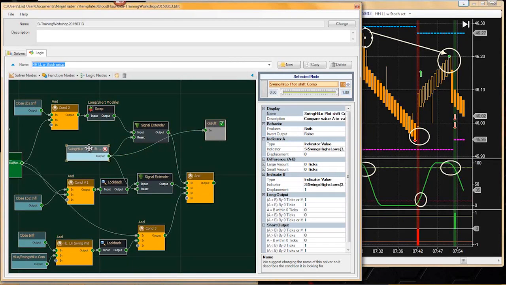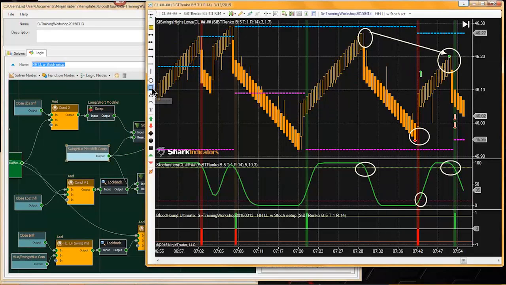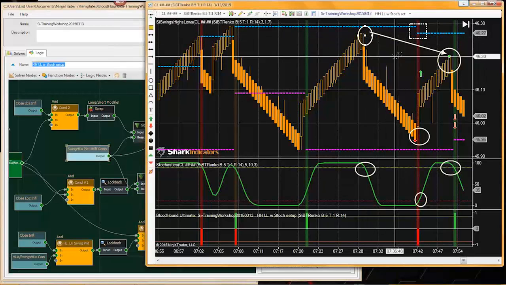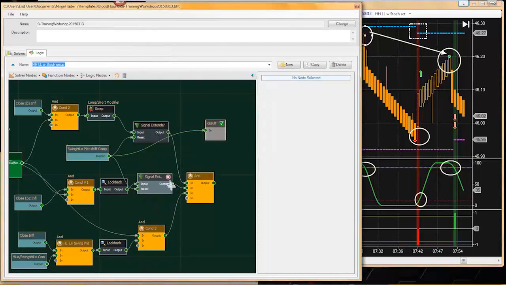Remember, this is the guy that's resetting our signal extender. And if you take a look here, we got a short output when the swing high shifts down. So this short output is what's resetting our condition 1 signal moving forward.